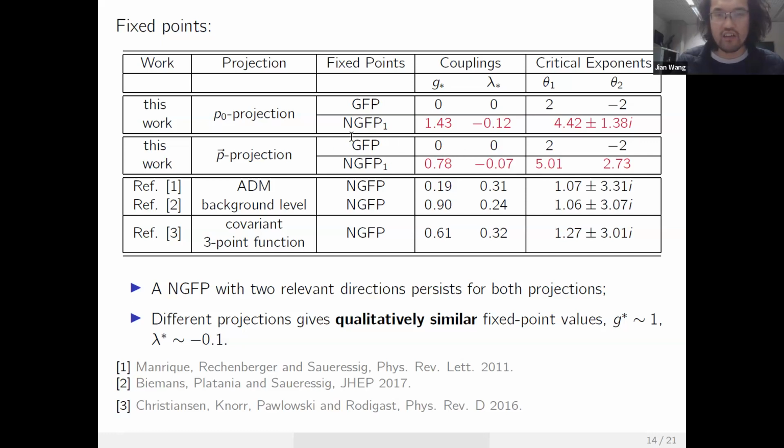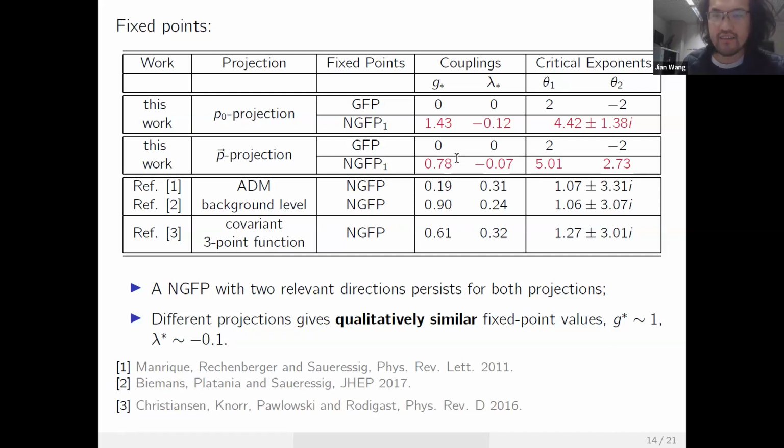For the non-Gaussian fixed points, we found that the two different projections indeed lead to slightly different values for the fixed point, but they share the same qualitative structure.